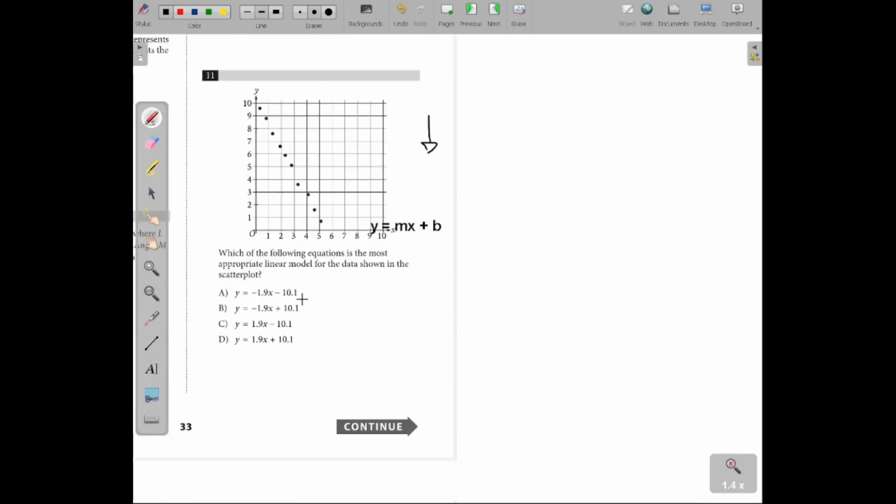Now number 11. Which of the following equations is the most appropriate linear model for the data shown in the scatter plot? So we have equations and we want to find the appropriate linear model in the scatter plot.